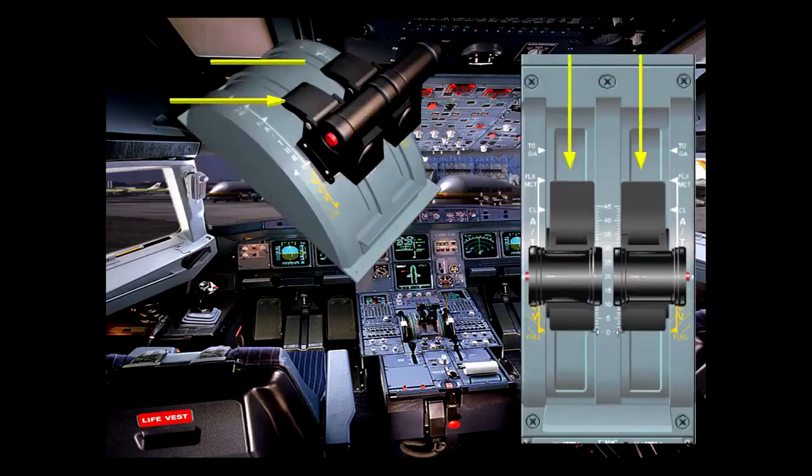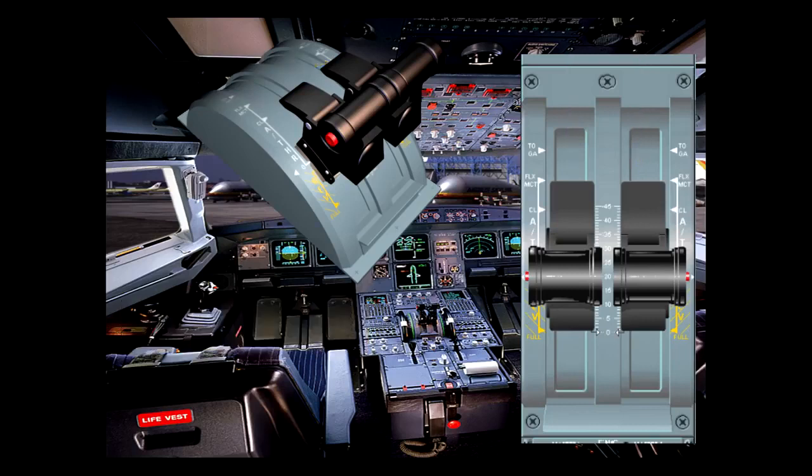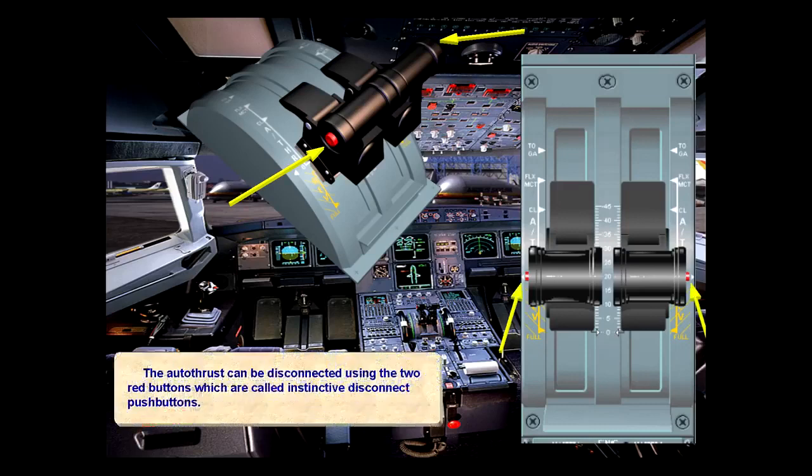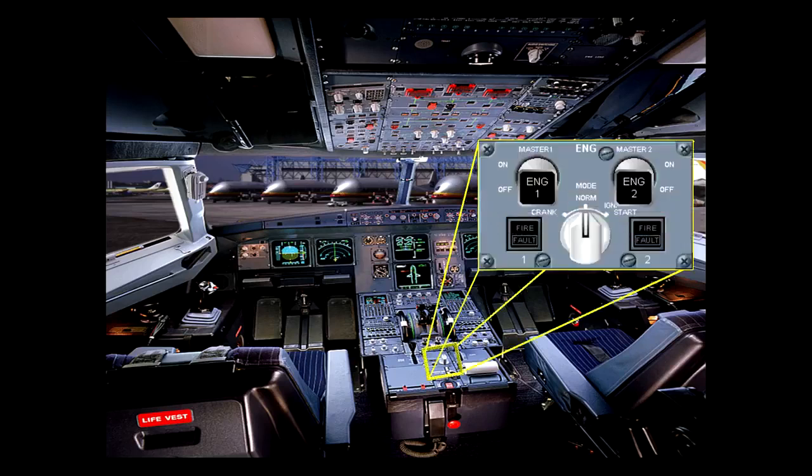These two levers control the reversers. The autothrust can be disconnected using the two red buttons, which are called instinctive disconnect push buttons. The controls for engine starting and shutdown are located on the center pedestal, just behind the thrust levers.